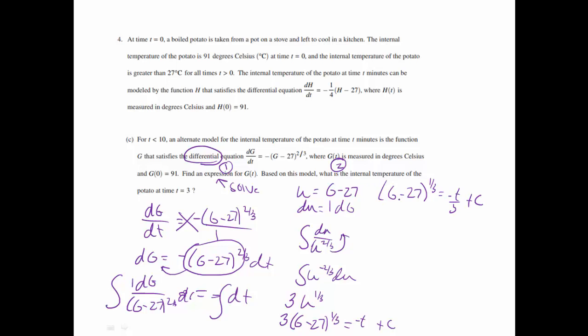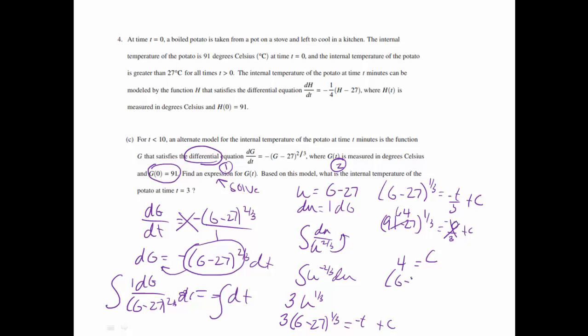Before I try to continue solving this, I am going to go ahead and use this information to find the c. So g is 91, and t is 0. So that will be gone. 91 minus 27 is 64. 64 to the 1/3, the cube root of 64 is going to be 4, so I get 4 equals c.